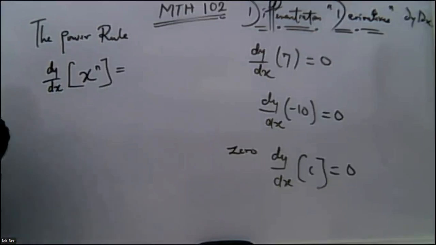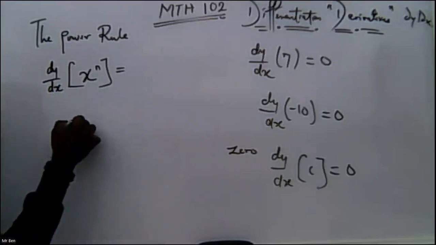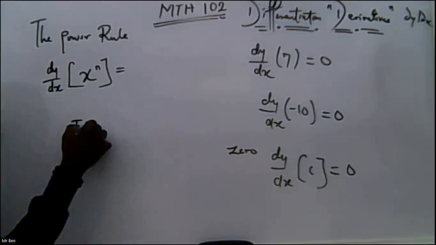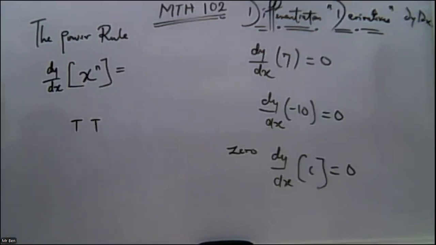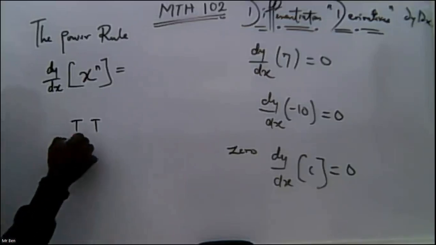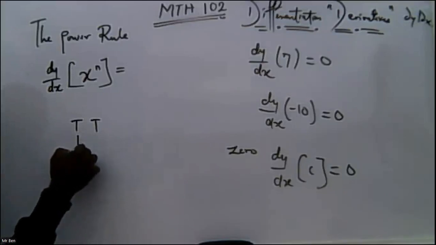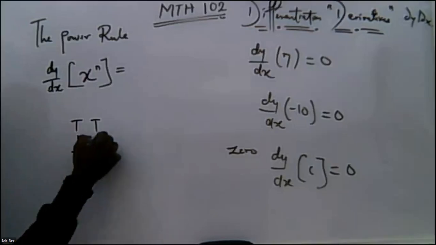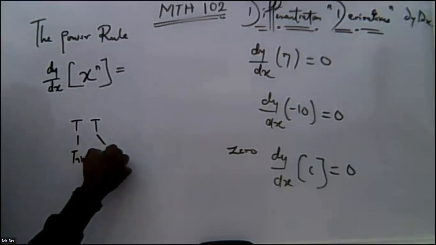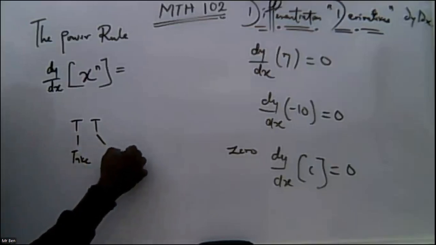Now, we use times and take, or take and times. I want you to have it as a shortcut: take from the word subtract, then times from the word multiplication, multiply.